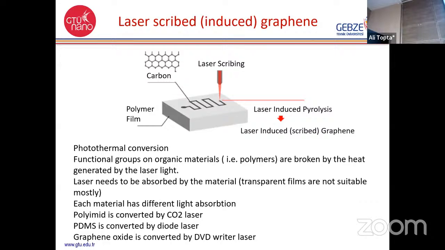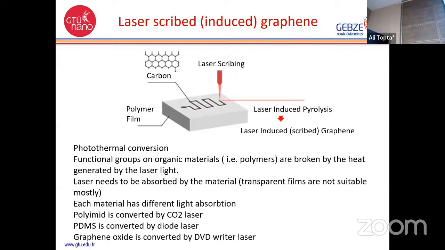The trick is, though, that each material has different requirements, whether they are polymers. For instance, a polymer can be converted by a carbon dioxide laser. Whereas PDMS, which is another polymer, an elastomer, you cannot convert with carbon dioxide because it doesn't absorb it. Instead, it absorbs diode lasers, which have a different wavelength.